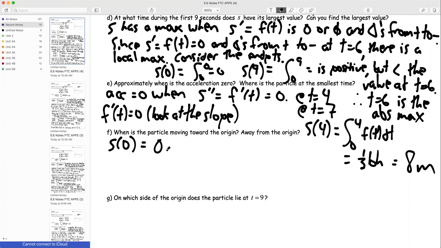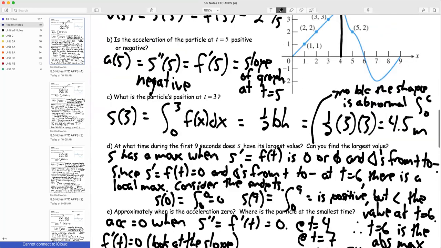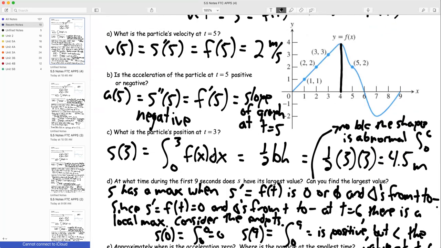Therefore, I know that the particle starts at the origin. So no matter which direction it moves, it's going to move away from the origin at the very beginning. The question is, is it moving to the right or to the left, and how do we know? Well, I'm looking at the velocity. And the velocity is S prime, and S prime is f of t.